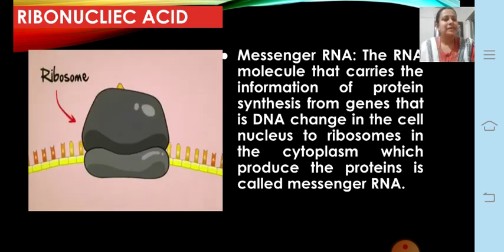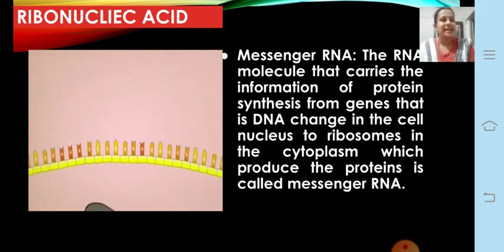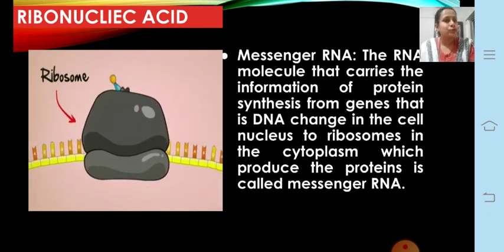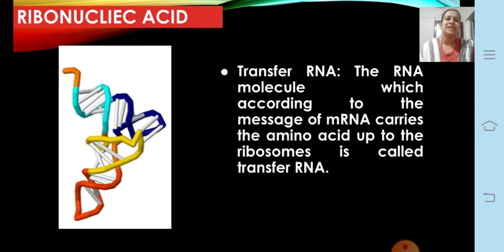Fine. So this type of RNA, the yellow color one, which carries the information of protein synthesis, is called messenger RNA since it carries a message for protein synthesis, whereas ribosomes help in protein synthesis. Fine. The last one is transfer RNA.